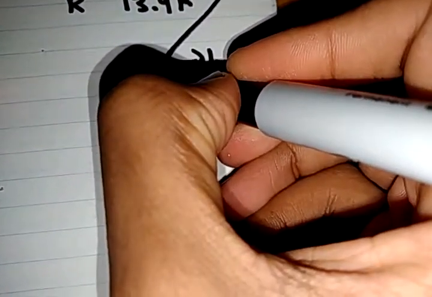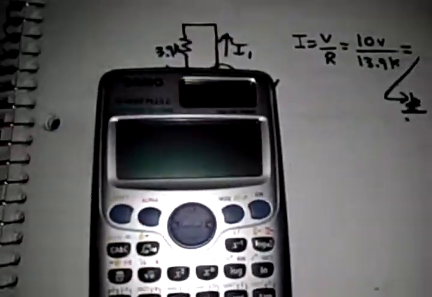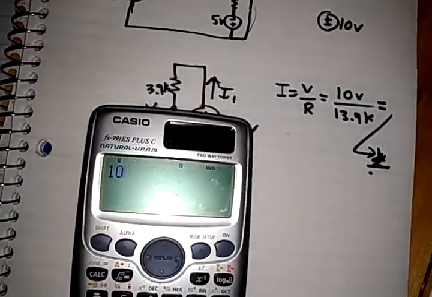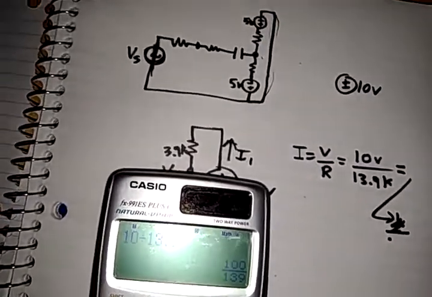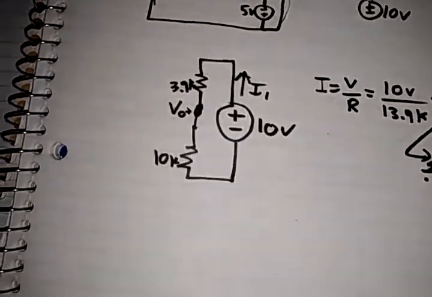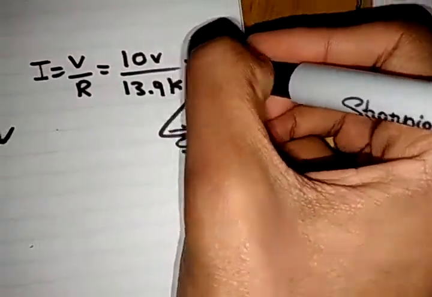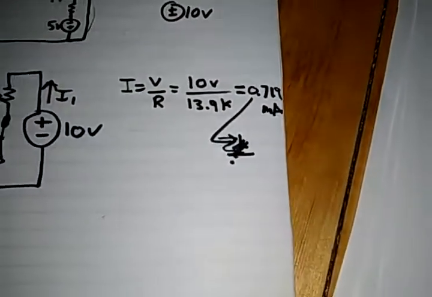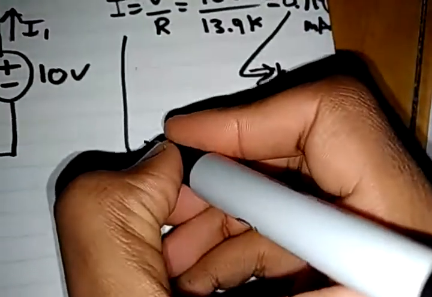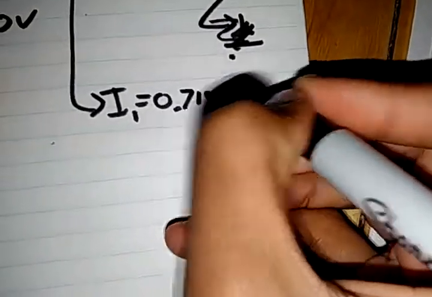Let me just calculate it quickly, 10 divided by 13.9, which gives us 0.719 milliamps because we divided by K. So in other words, I1 is equal to 0.719 milliamps.